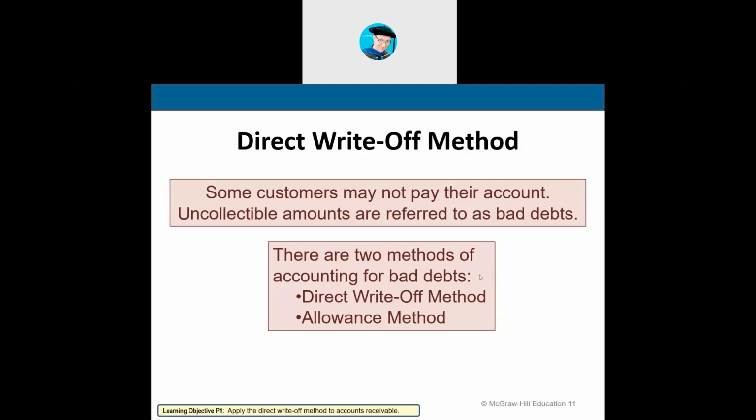So that leads us into our conversation. Let's talk about writing off. Some customers may not pay you; the amount becomes uncollectible. We call that bad debt. Bad debt simply means the customer isn't going to pay you. There are two methods to writing that bad debt off.